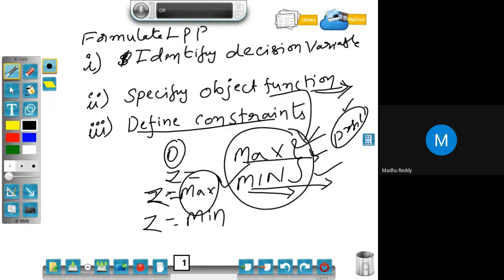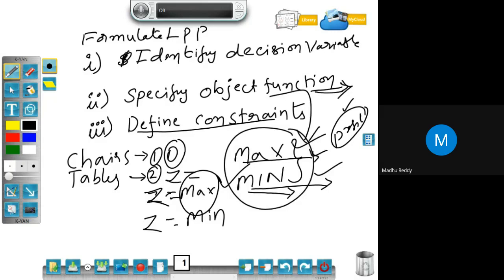Coming to the problem, once you read it: a manufacturer of furniture makes two products. What are those two products? Chairs, tables. These are the two products, product 1 and product 2, made by the manufacturer.